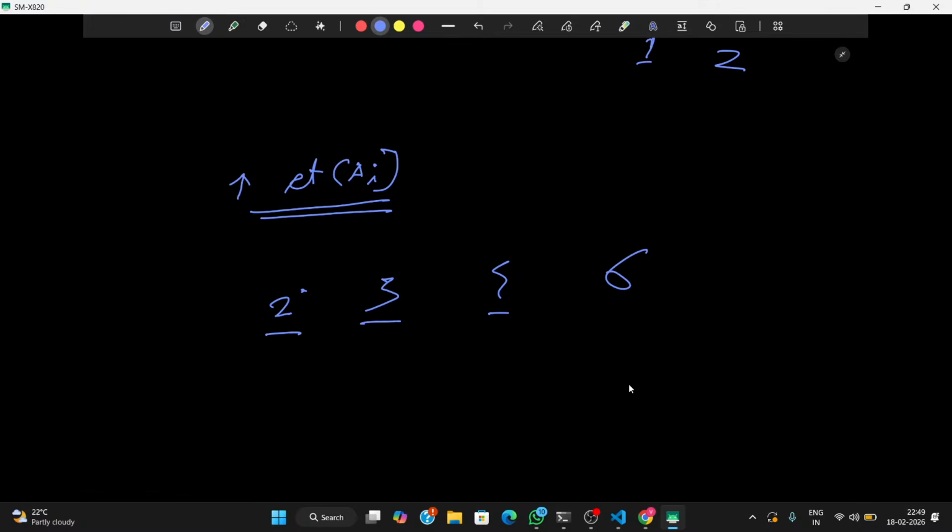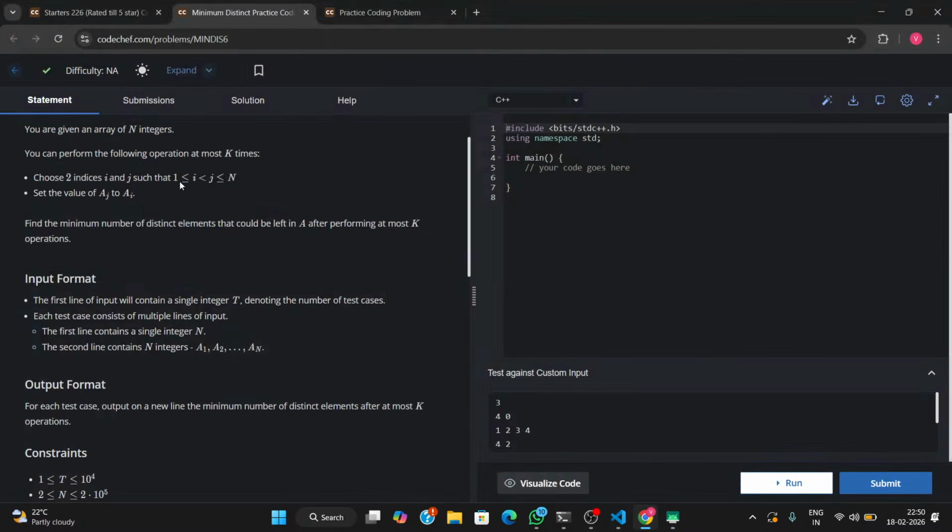What are these numbers? These are the count of one particular element in the array, right? Now, what we are doing is we are restricting this operation such that i is less than j, right? And you need to set the value of a_j to a_i.